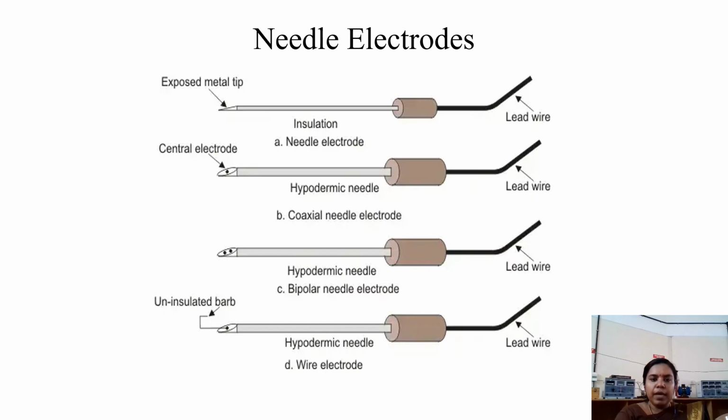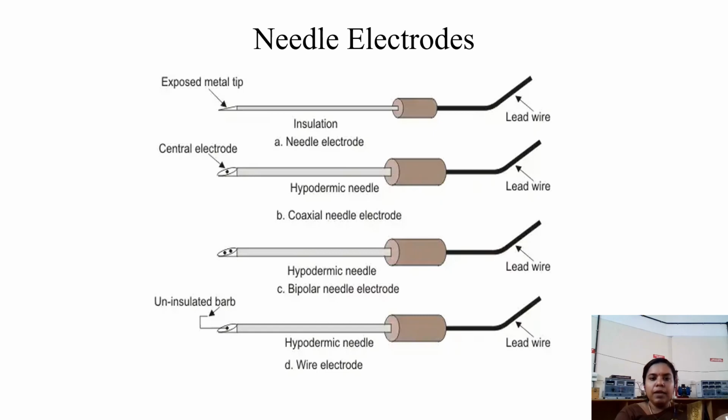Once we inject this needle inside the body, this lead wire or the bent wire will be placed in the particular portion where we have to measure the signal. After inserting, the lead wire will be placed in the particular part and the needle will be taken outside.